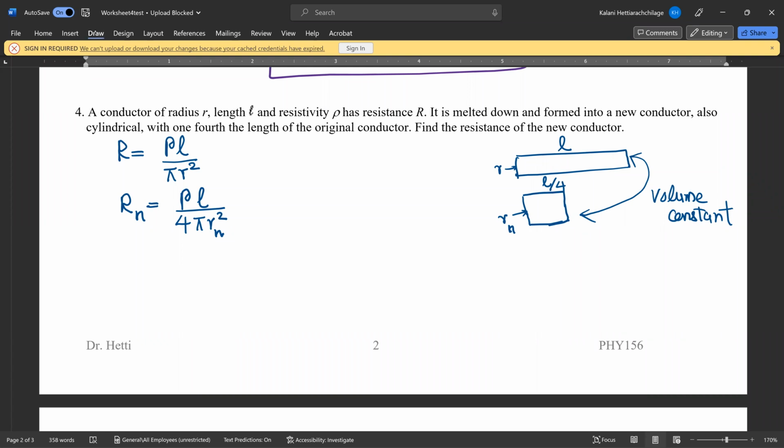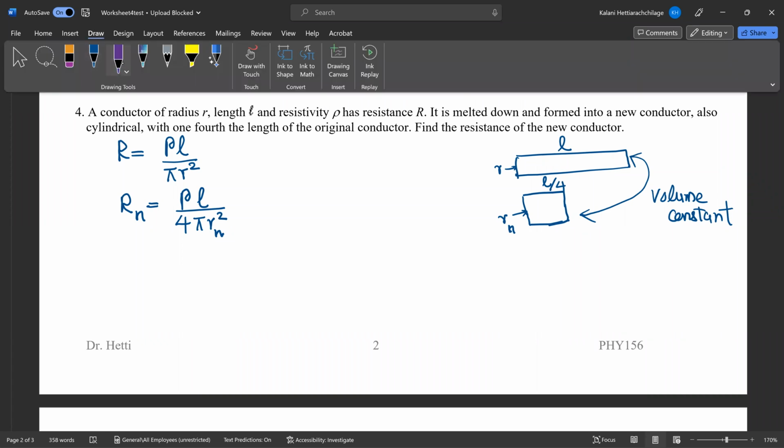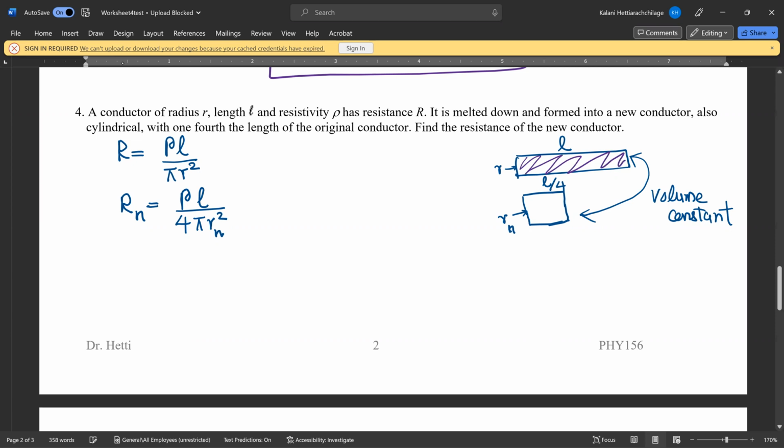So I know how to connect R and R new if I know what R new is. To find R new, you need to process very carefully. The volume of this one and the volume of the new one should be equal to each other, right? We can write the volume for the cylinder as the cross-sectional area times the length of the cylinder.